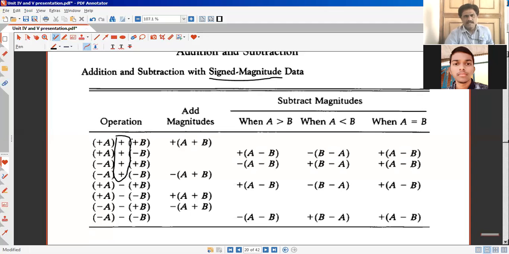If A and B are positive, then there is no issue, just A plus B, and the answer will be positive only. Everybody knows that. Then suppose I want to add where A is positive and B is negative. Then according to the magnitude, the operation may vary.